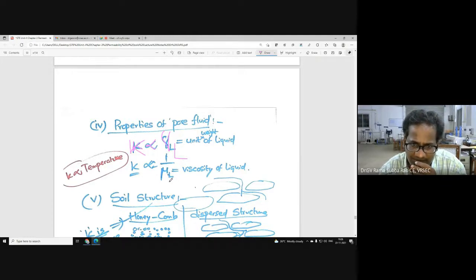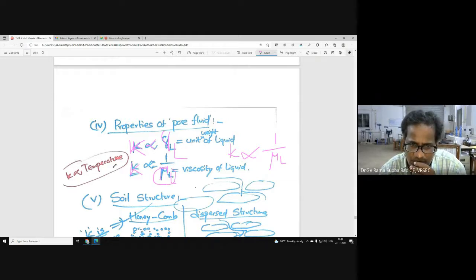Now, you know viscosity. Viscosity is resistance to flow. As the viscosity is more, permeability is less. That's why K is inversely proportional to 1 by mu. Mu here is the viscosity of the liquid. The most predominant liquid we are considering is water. Now you see, as the temperature increases, viscosity decreases.